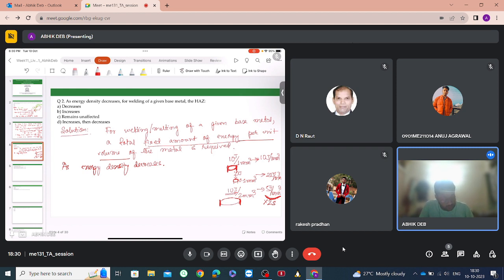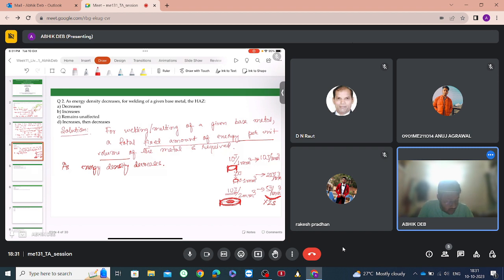So what we will see is that the time of heat transfer will also be more, and the area of the heat transfer will also be more. Since the area of heat transfer is more, we would have required to melt only this much area, but since the area on which the heat is interacting is more, a greater region will come under the heat affected zone.